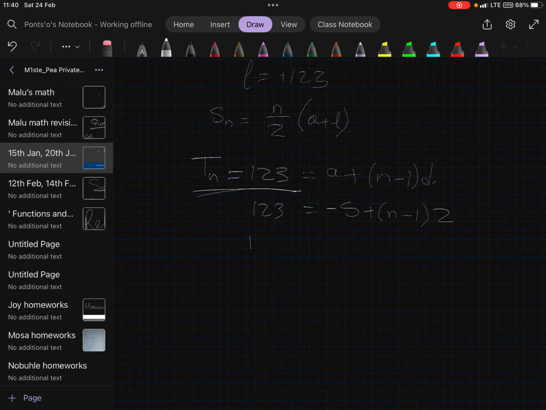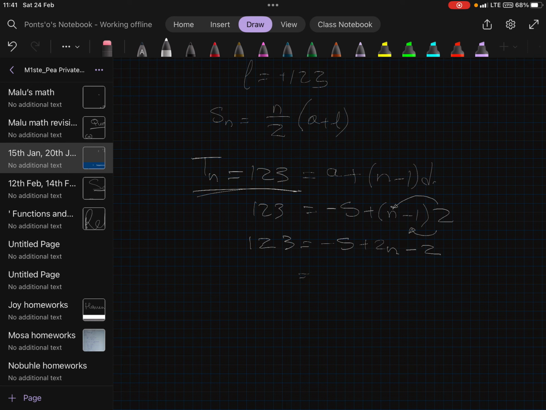We have 123 equals negative 5 plus 2n minus 2, multiplying the 2 by n and by the negative 1.